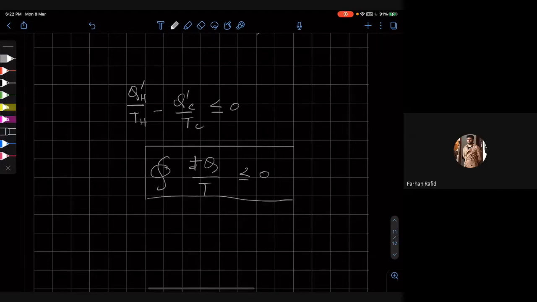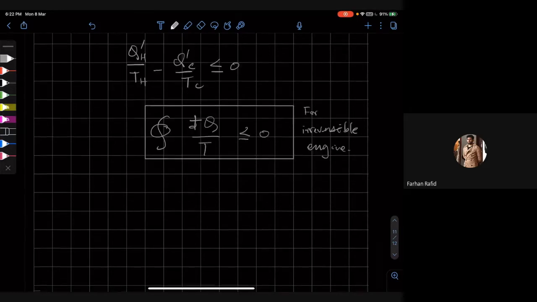Actually, it holds for any engines, because if the engine is reversible, then it will saturate the inequality. So this is Clausius's inequality.